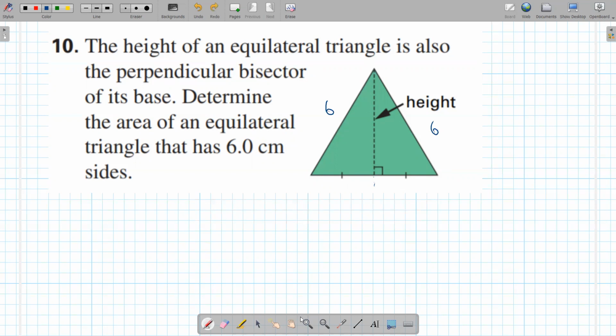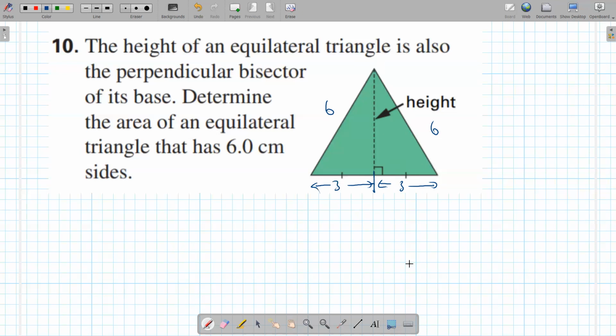Oh, so like each side would be 3. Yeah. Okay, so this up until here is going to be 3, and same thing on the other side. So we're looking for the height. Are we looking for A, B, or C? We have two sides of a triangle, right? Just look at the right angle triangle.